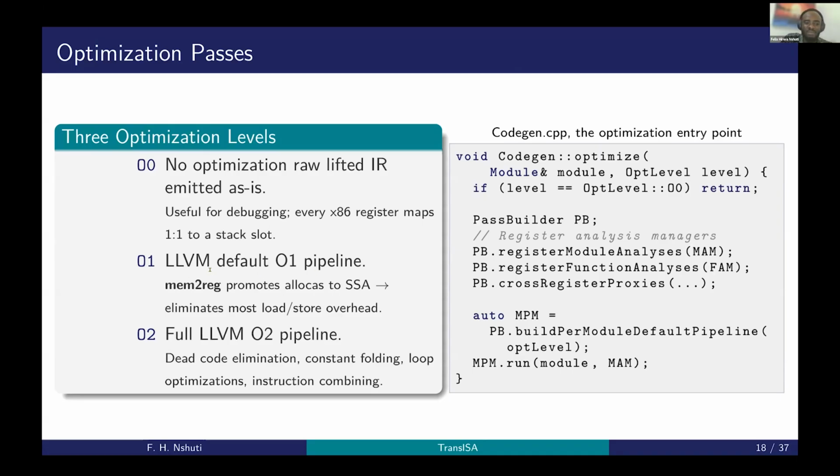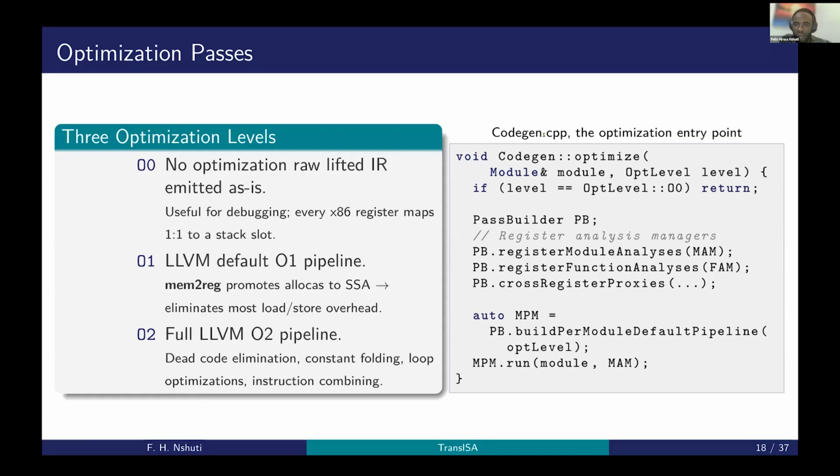It uses mem2reg to promote the allocas to static single assignment, and it eliminates more of the load-store overhead. Then we have O2, which is the full LLVM optimization pipeline. It does dead code elimination, constant folding, loop optimization, and instruction combining.